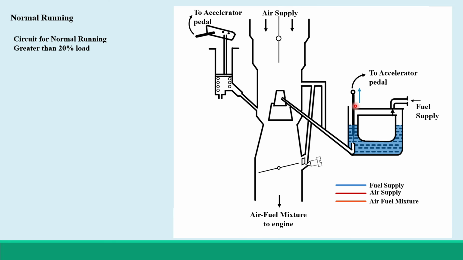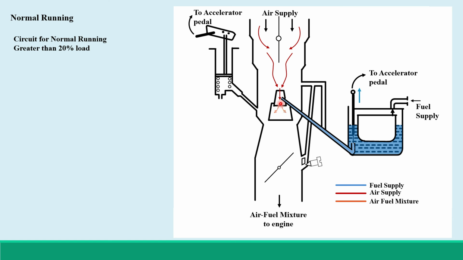As you accelerate, this metering rod will be pulled up, because of which this throttle being operated, and it creates a suction on this air supply here, traveling all the way down to the primary venturi here, and creating a suction from this float chamber, taking the fuel from this jet into the primary venturi.